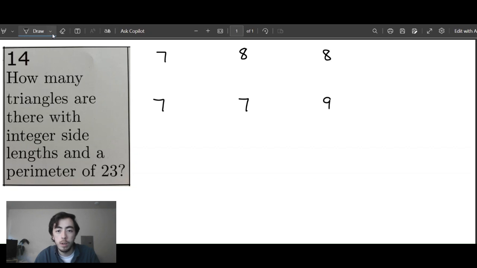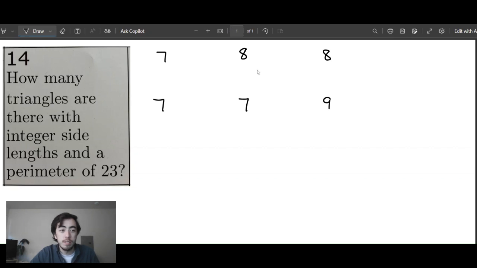So let's see, how can I change these values around? I'm pretty sure if I say something like 8, 8, 7, that's just going to be the same thing as the original triangle. And I'm trying to keep the values as close as possible.